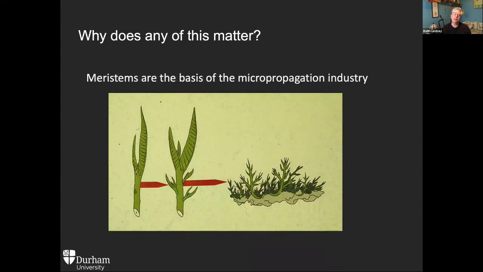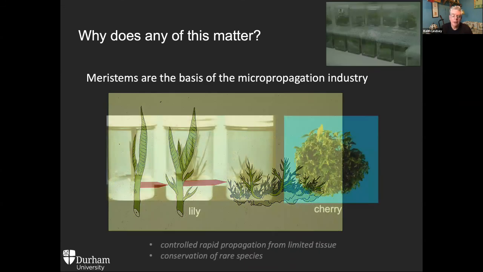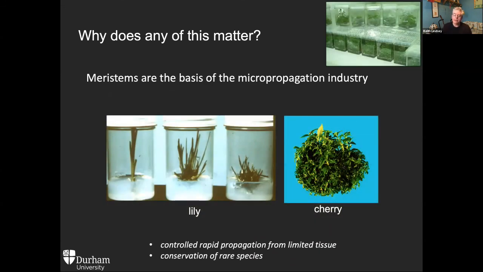There are also practical values of understanding meristem function. So the science underpinning meristems is really the basis of the micropropagation industry. So if you go to Marks and Spencer's and buy an orchid, it will have been generated not from seed, but by micropropagation. So micropropagation is where you can take a meristem, as I showed in one of those earlier slides of roots in culture and shoots in culture.